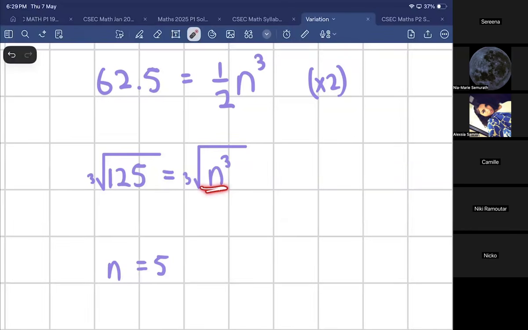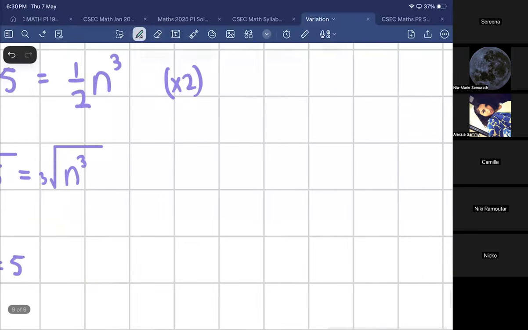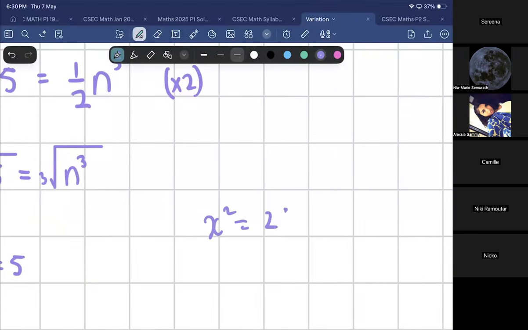Yes, sir. Right, so we need to find n. Right now, n is being raised to the power of 3. So you have to ask yourself, what's the opposite of raising something to the power of 3? Lowering. Then power 3. Nah, cube roots. Okay, Hannah, if you had x squared is equal to 25, how do you solve that?